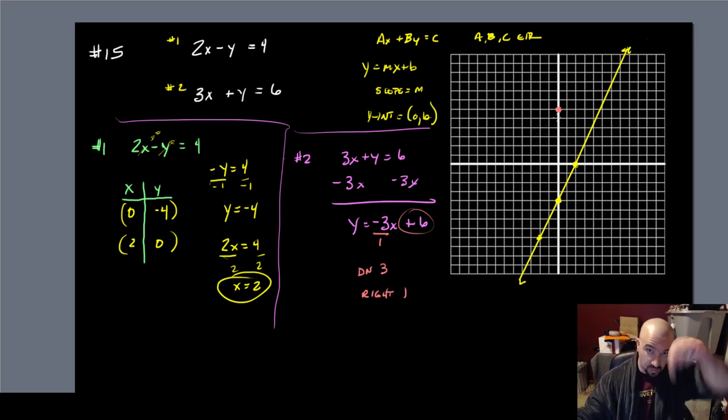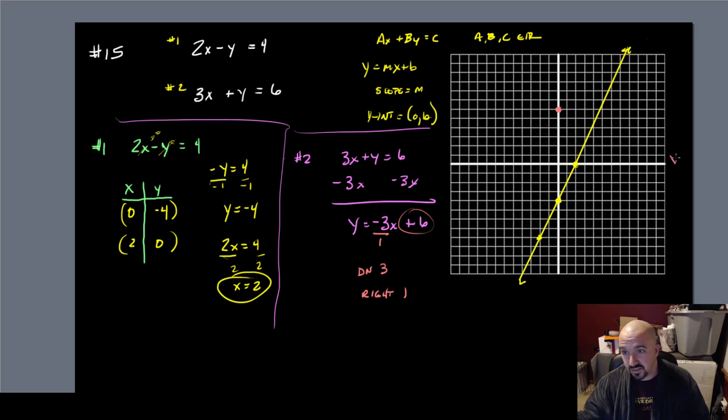Down means negative on the y because y is on top, and to the right is positive 1 because x is on the bottom. So positive x is over towards the right. So we're going to go right 1 and down 3: 1, 2, 3. And then I'm going to do that one more time. Over 1, down 1, 2, 3.